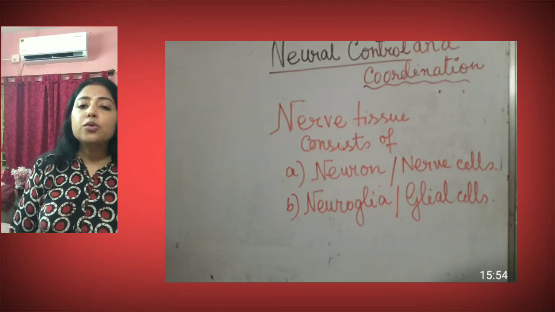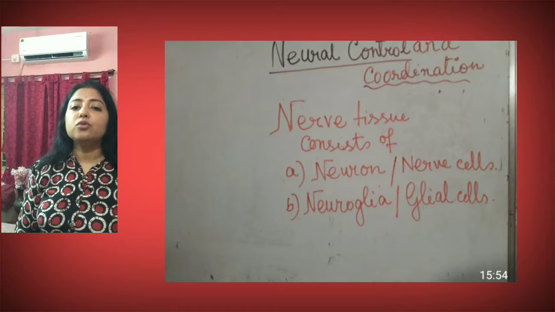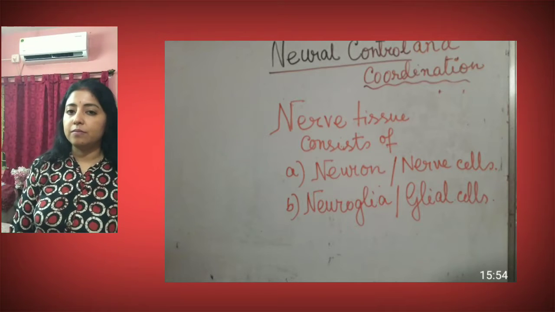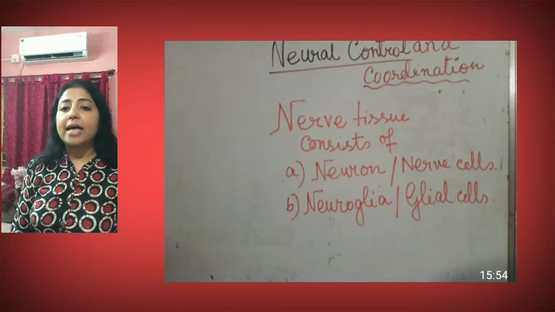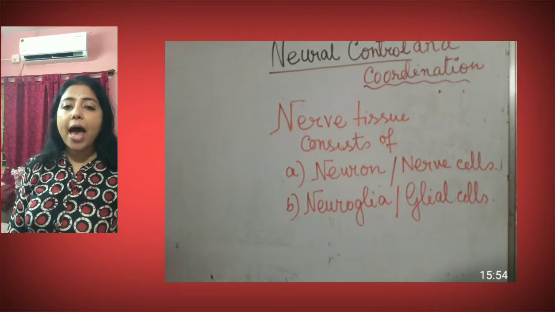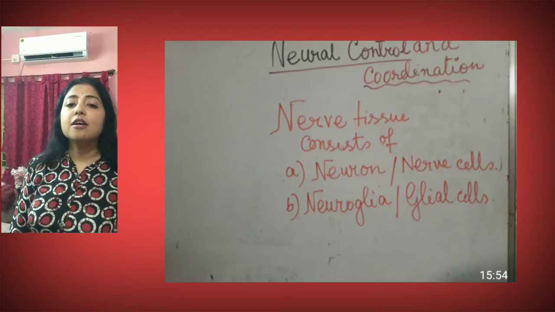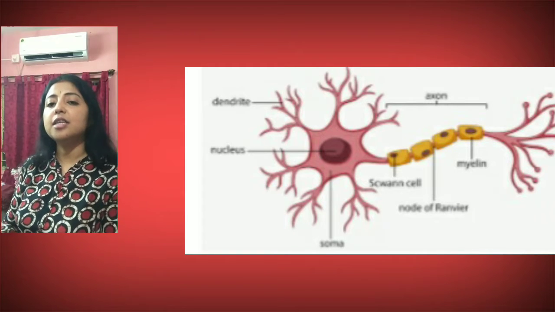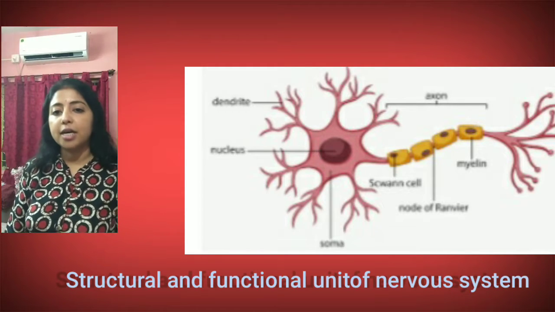So while we are discussing the neural coordination, we have to know the two types of cells in the nervous tissue. First one is neuron and second one is glial cells. Neuron means nerve cells or nerve tissues, and glial cells or neuroglia.